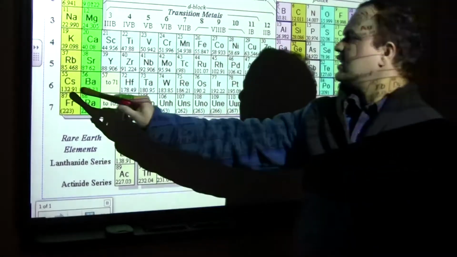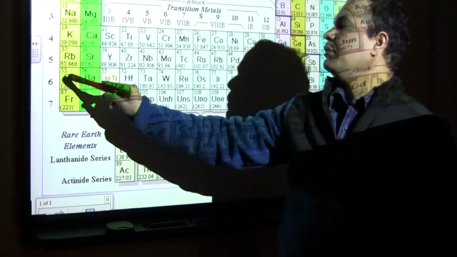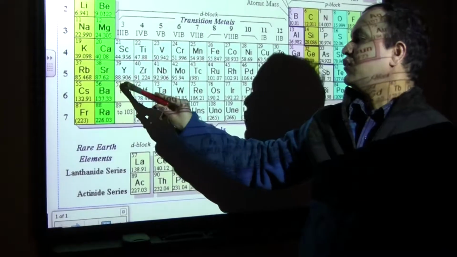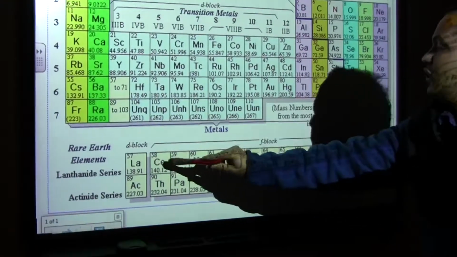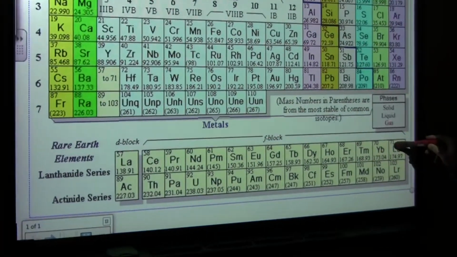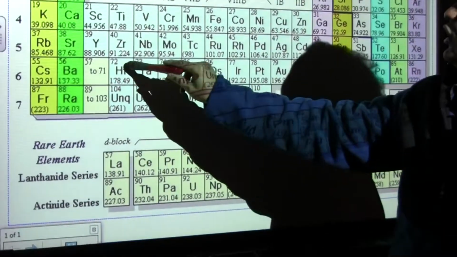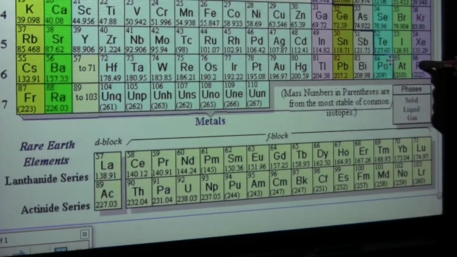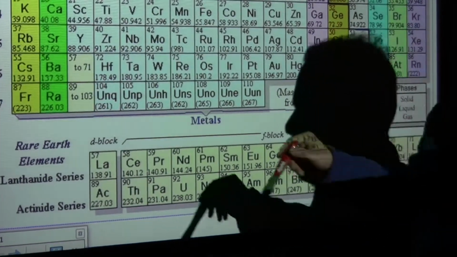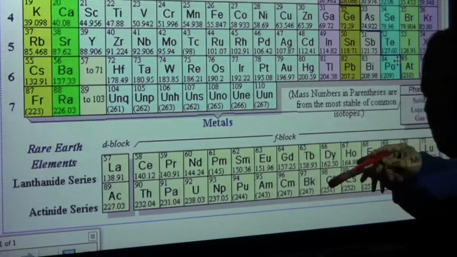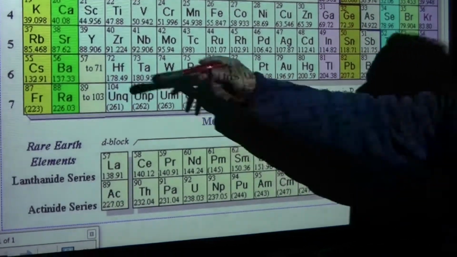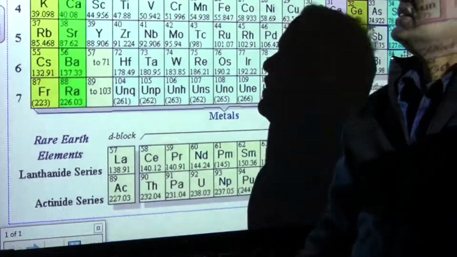You can see in the 6th period, you have the first elements with atomic number 55, 56, 57, and then the rest of the elements after 57 will continue here, 58 till 71, and then 72 onwards will be placed here in the 6th period. Similarly for the 7th, it is continued here. So these two are nothing but the extension of periods 6 and 7.